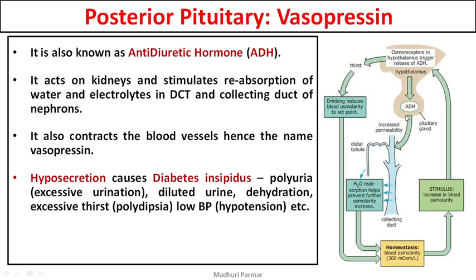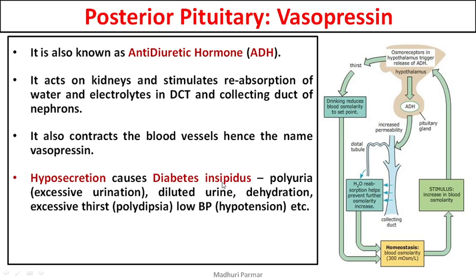Hyposecretion, that is, if this ADH secretion is very, very less, then what will happen? Now there is no control. This ADH is not present. So your urine will be dilute. So there will be diuresis. Hyposecretion causes the disease which is known as diabetes insipidus.